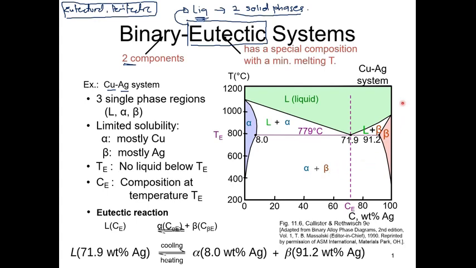Okay, so from this phase diagram, you can observe three single phases, which is the liquid, alpha and beta. Okay, lepas tu adalah liquid plus alpha, liquid plus beta, alpha and beta.